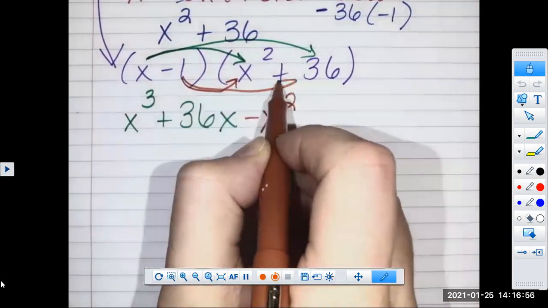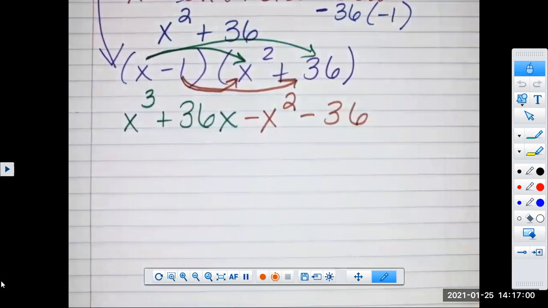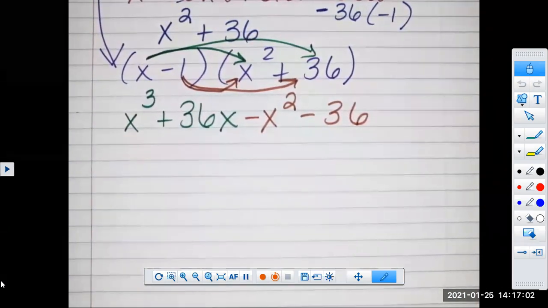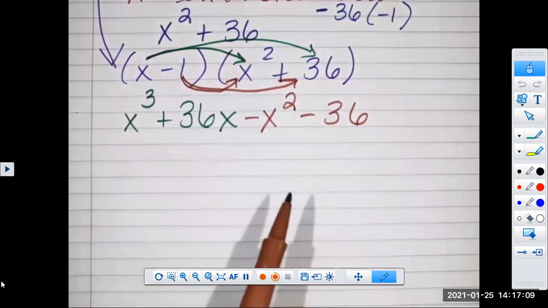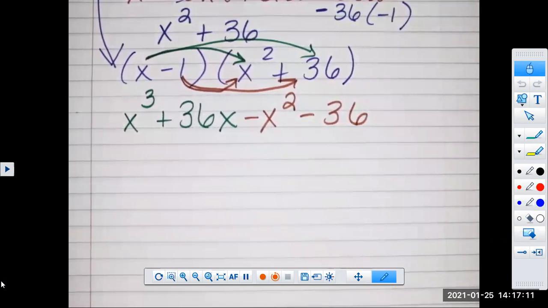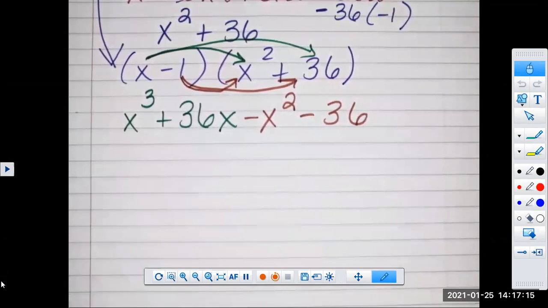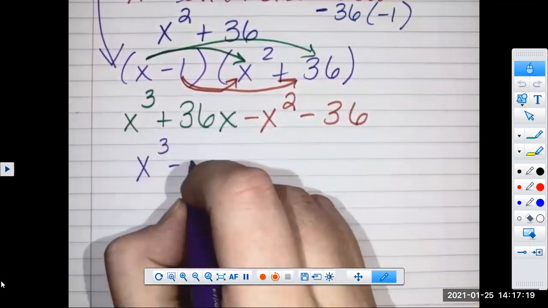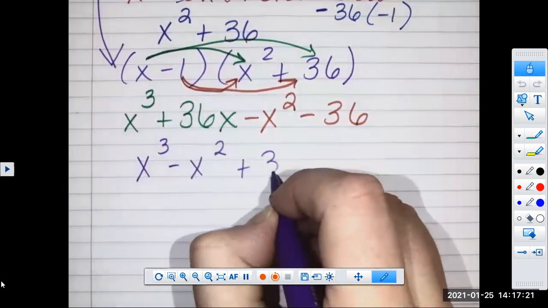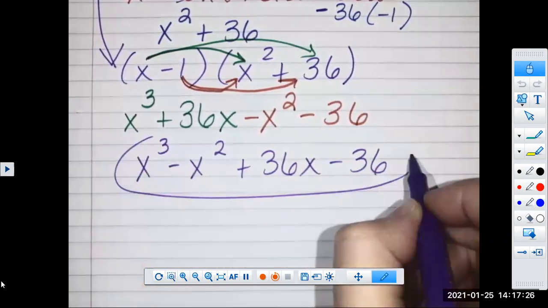Negative 1 times 36, minus 36. Once you've multiplied everything together, make sure you don't have any like terms you can combine, and you don't. They may ask you to write it in standard form where you put your exponents in decreasing order, but this is your polynomial.